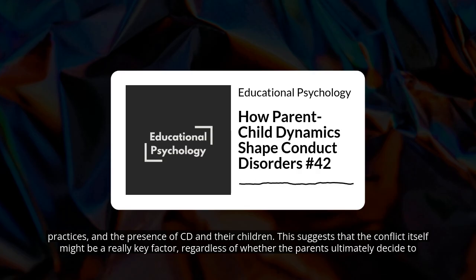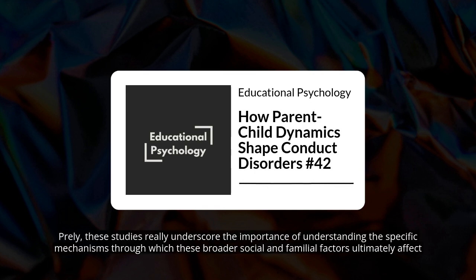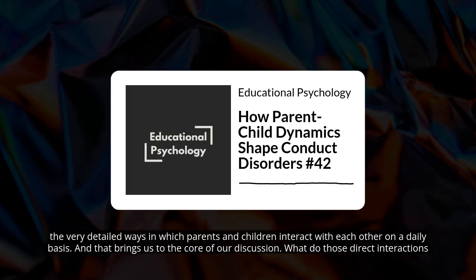This suggests that the conflict itself might be a really key factor, regardless of whether the parents ultimately decide to separate. Precisely. These studies really underscore the importance of understanding the specific mechanisms through which these broader social and familial factors ultimately affect the very detailed ways in which parents and children interact with each other on a daily basis.